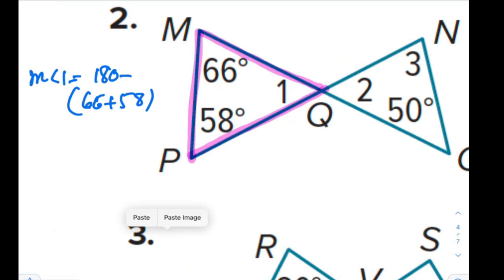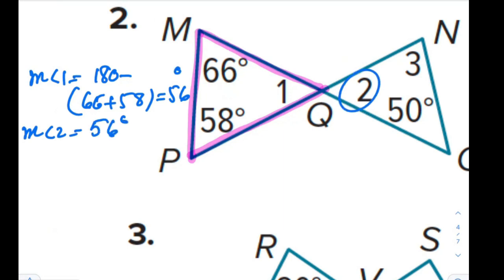So it will be 180 minus 66 plus 58, it will be 56. So the measure of angle 2 will be the same because it's a vertical angle with 1. So it's also 56 degrees.